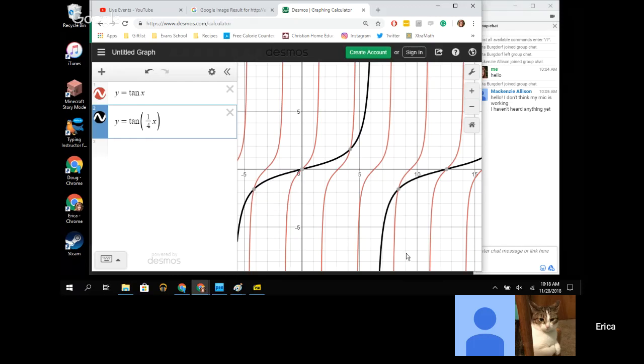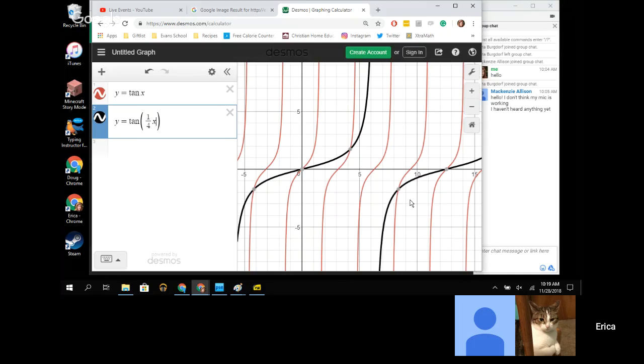Then you get tangent curves that are occurring less frequently. So this is just really a function of just graphing it for 1 through 23.